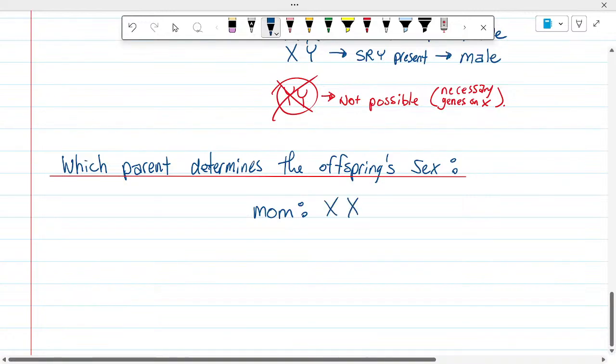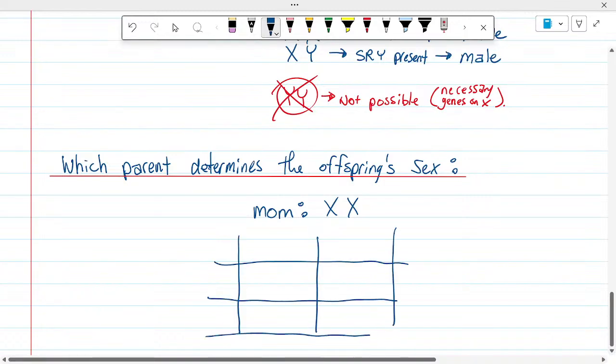X and X, which means when mom makes ova, she either passes on her X chromosome here, or she passes on her X chromosome there, and in either case, she has passed on X. And then the father, well, what's his chromosomal arrangement? He's XY, which means he either passes on his X chromosome or he passes on his Y chromosome.